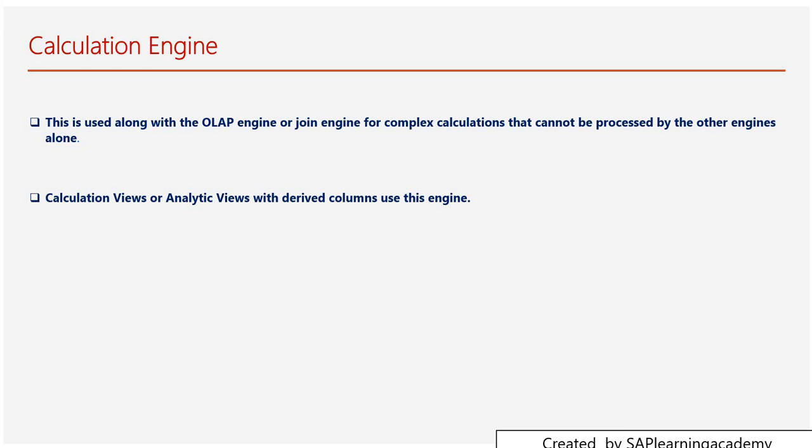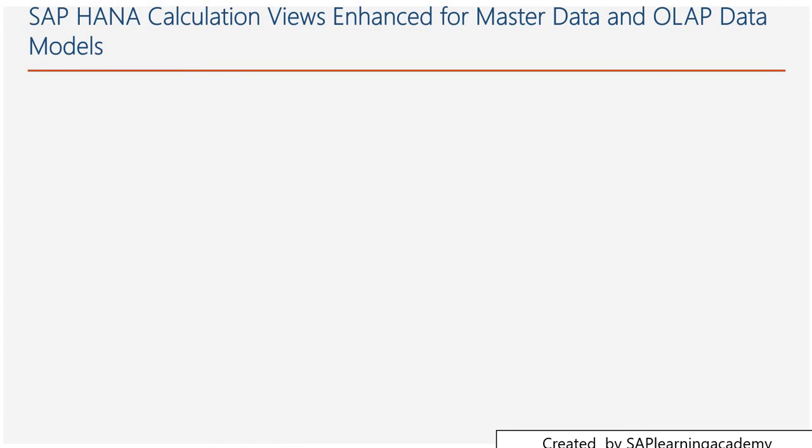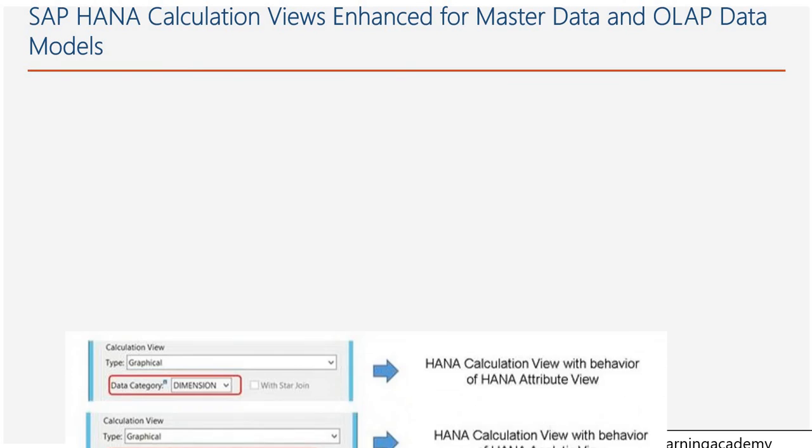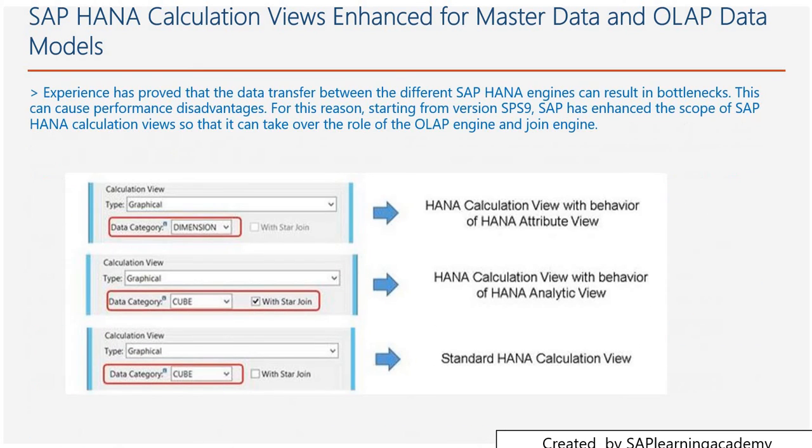Now I'm moving to the last slide of this tutorial, and this is a very important part to understand: the SAP HANA calculation view enhanced for master data and OLAP data models. I will be explaining how the calculation view has now been enhanced in order to take all types of engines into the calculation engine.